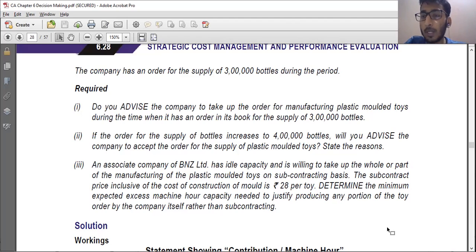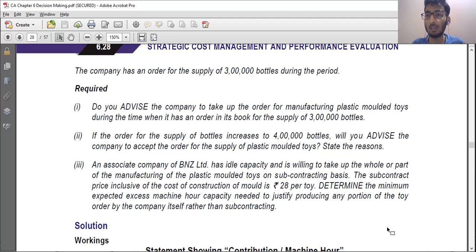How can I justify making toys? If I earn profit in making the toy rather than outsourcing it, then I can justify that yes, I need to make it. At a certain point there would be a situation where I should outsource it, for some quantity of toys.